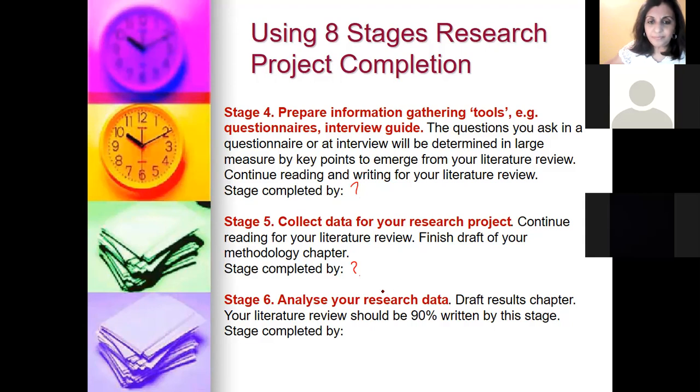So here, draft your results chapter. Your literature review should be 90% written by this stage. So you can prepare a Gantt chart to show how much time you have to complete the different stages.